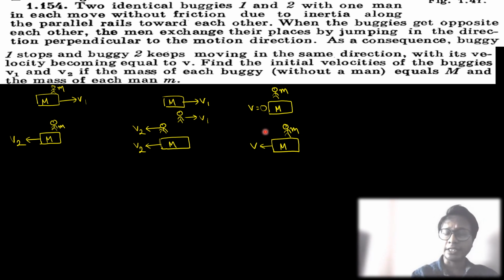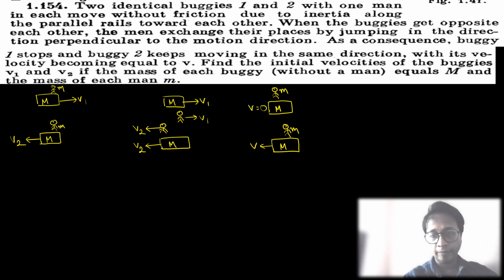If there are no external forces acting in this direction, let me consider this bogie plus this person as a system. So the initial momentum of the system will equal the final momentum of the system. Understood what I'm trying to do? This mass and this person is a system.